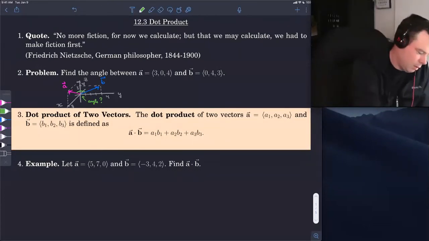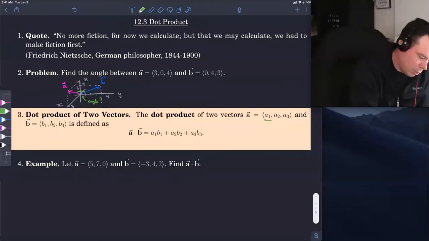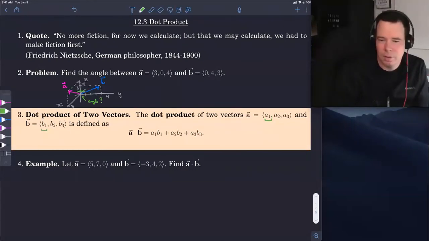So for the dot product, we take the x component value for the first vector, the x component value for the second vector, multiply those together, and do that for the second component, a2 times b2, a3 times b3, and add them all up. So that's what the dot product is.